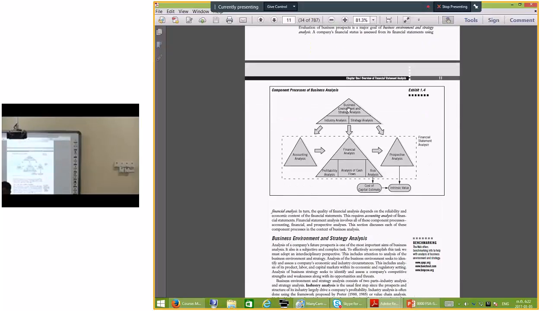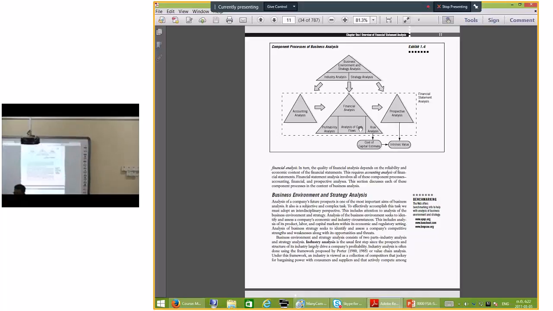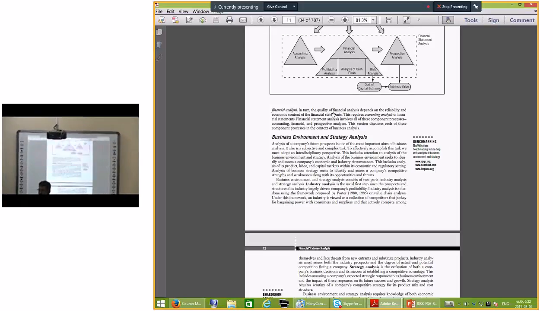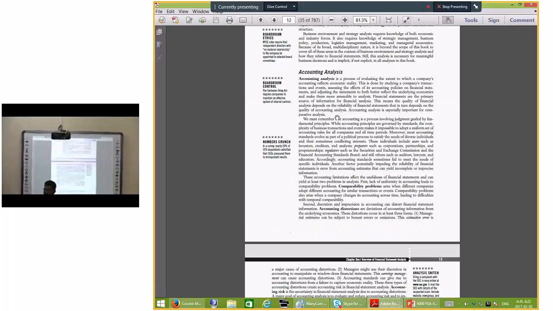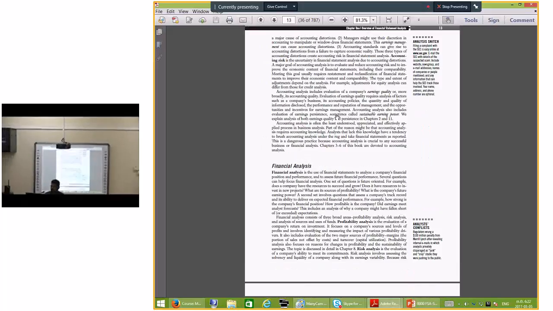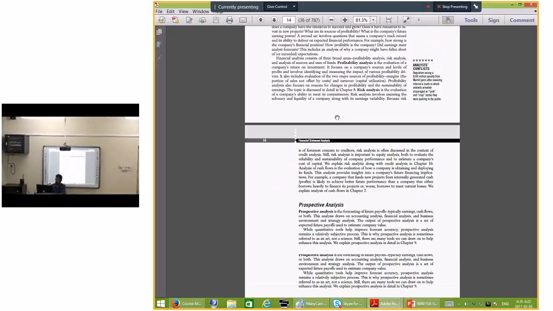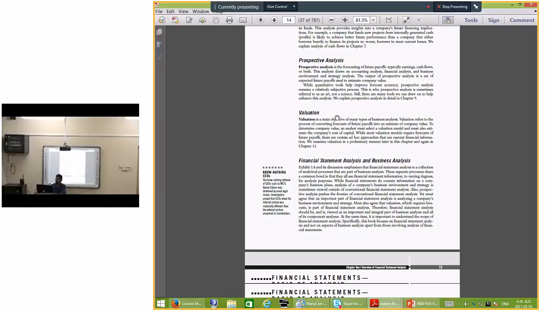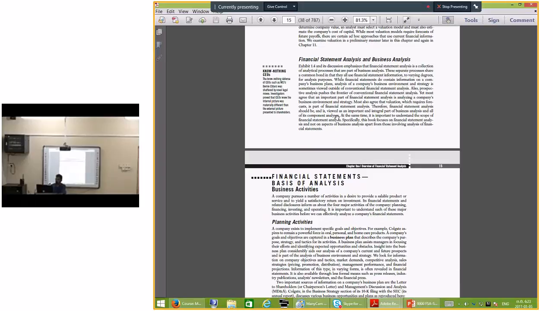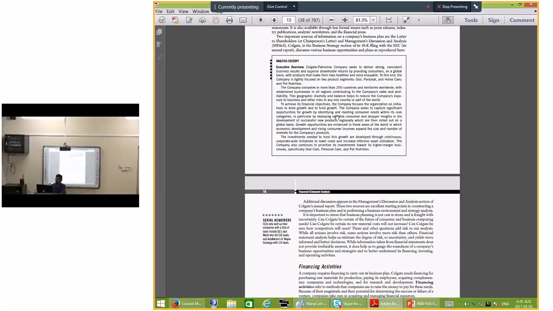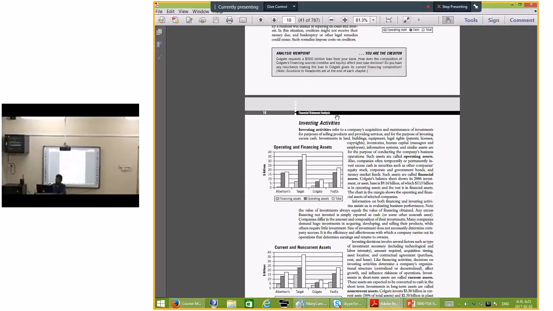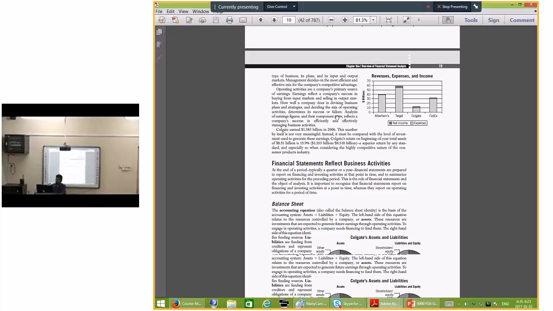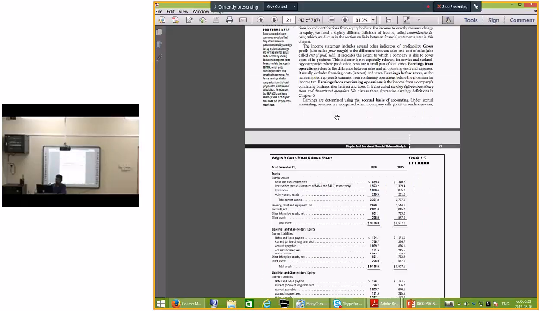You can see the same structure. Then business environment and strategic analysis, then accounting analysis, then what are the differences between financial analysis and components of financial analysis, prospective analysis and valuation. You can see details in detail, then you can cover some details from here.